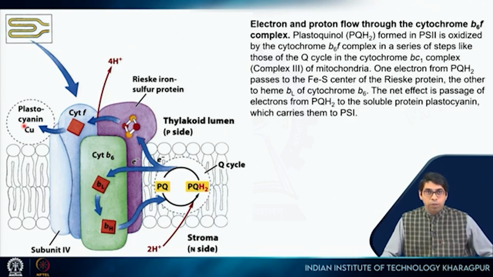In the case of mitochondria, we saw there was this soluble cytochrome c. In this case it is a soluble protein which is plastocyanin. So the net effect is passage of electrons from this reduced plastoquinone to the soluble plastocyanin, which carries these electrons to photosystem 1.